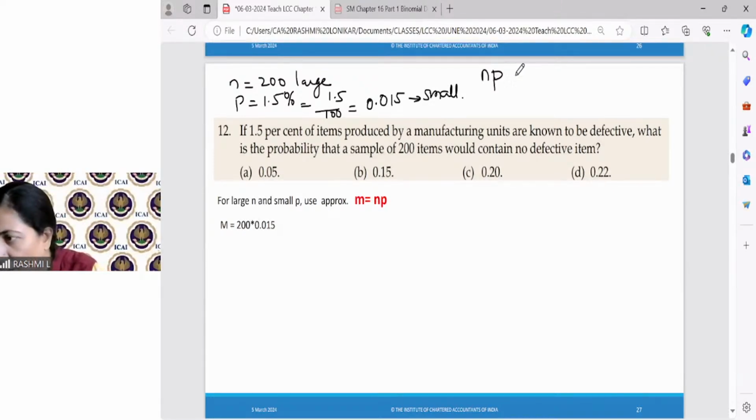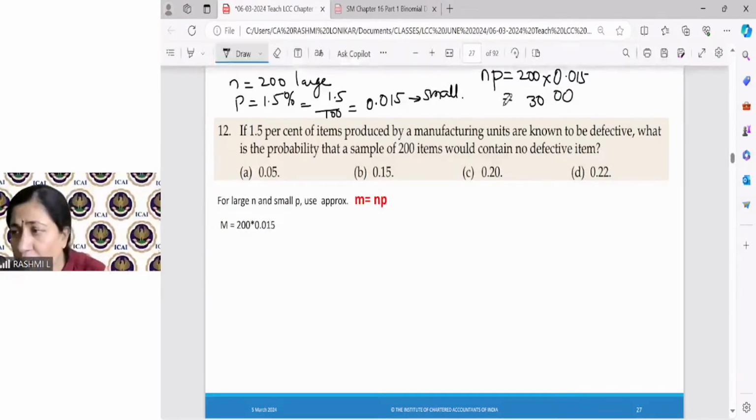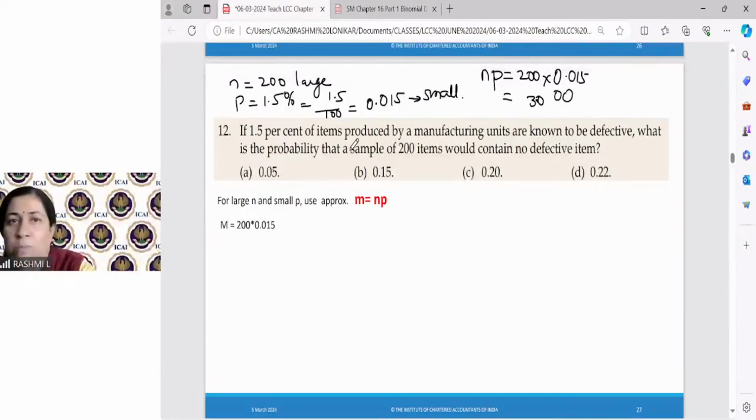N into p, how much is it? 200 into 0.015. 15 twos are 30, 30, and then two zeros. So this is 3, which is finite. Okay. So I now know that instead of binomial, I'm going to use Poisson.